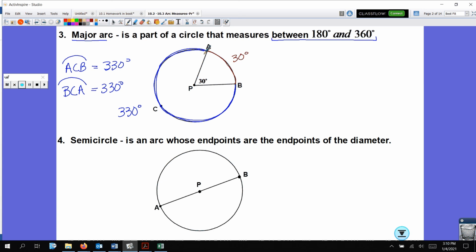Okay. All right, number 4, a semicircle. Well, you should be able to figure that out. A semicircle is like half of a circle. It is an arc whose endpoints are endpoints of the diameter. So I have a semicircle here. See, the endpoints are my diameter AB. I also have a semicircle here on the other side.